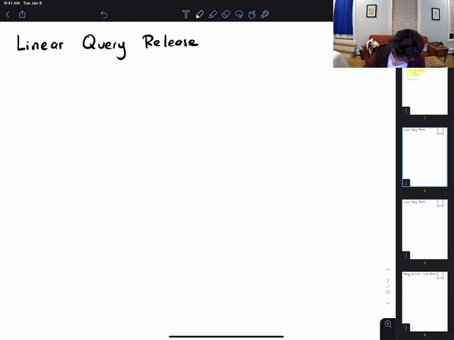So if you remember, we have our data set X, which is x1 through xn, and each element of the data set comes from some universe U. This is all the possible elements that the data set can contain.